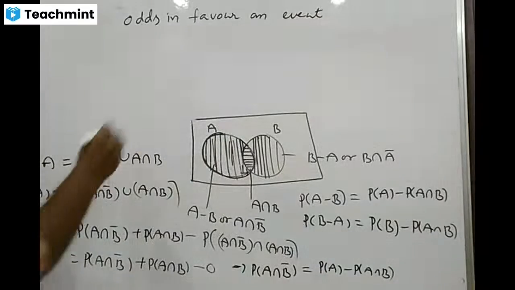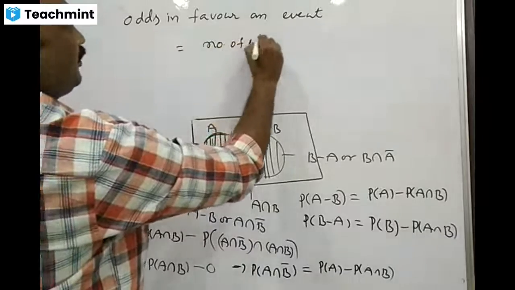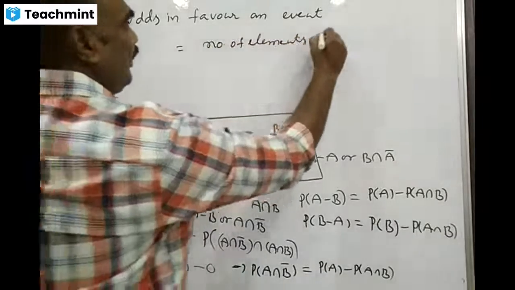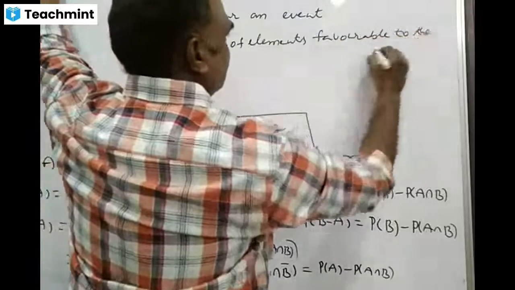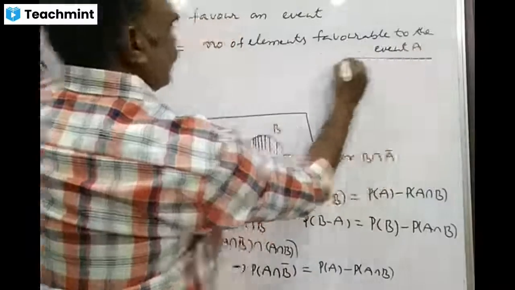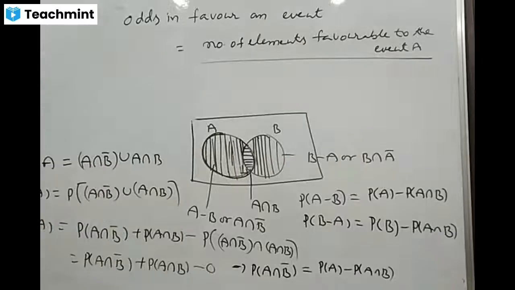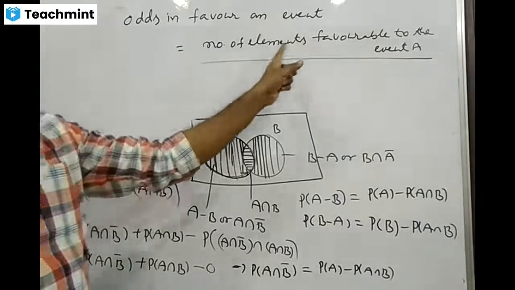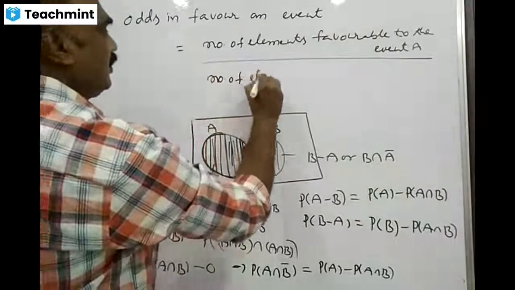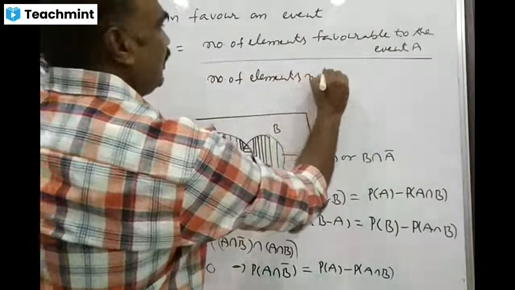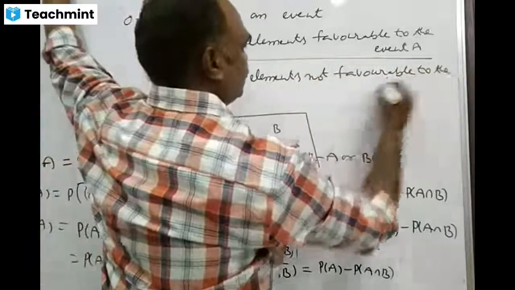Odds in favor of an event is equal to the formula: number of elements favorable to the event A by number of elements not favorable to the event A.